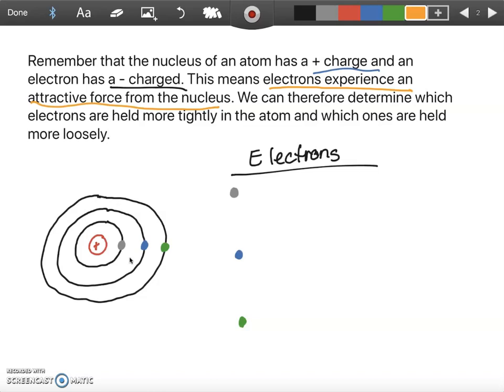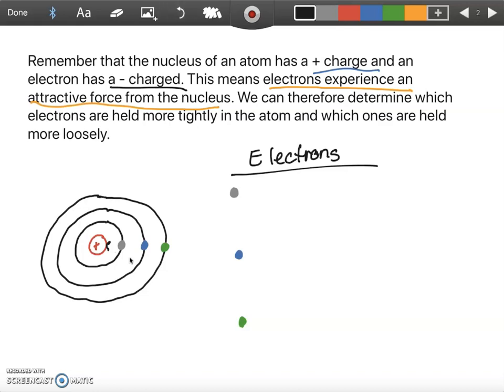However, each one of these electrons, and I've color-coded them differently here, gray, blue, and green, will experience a different attractive force based on their distance from the nucleus. For the gray electron, it is closest to the nucleus, so the radius between the positive and negative charge is small.